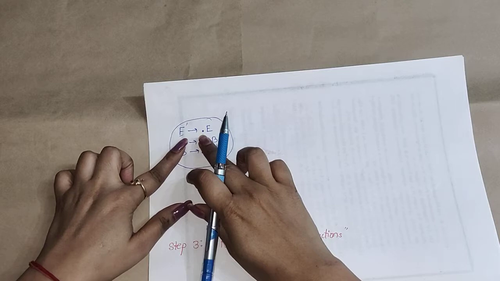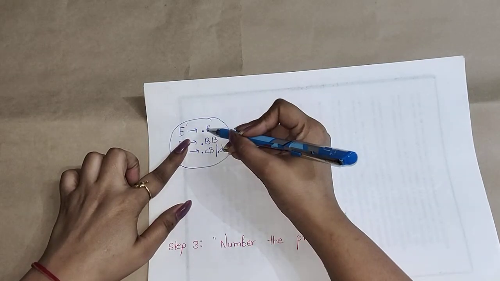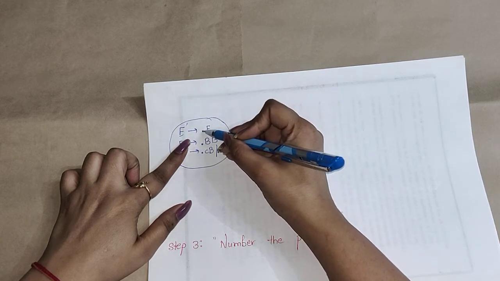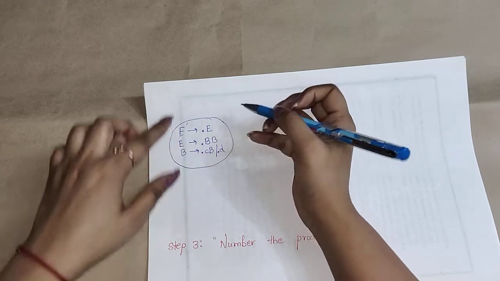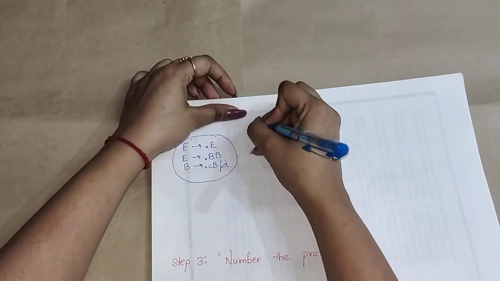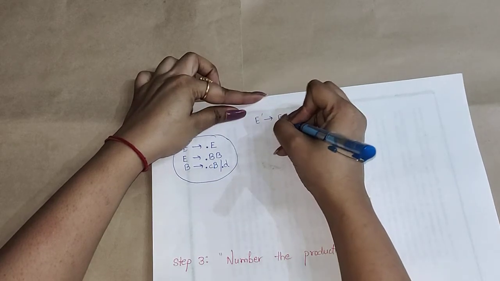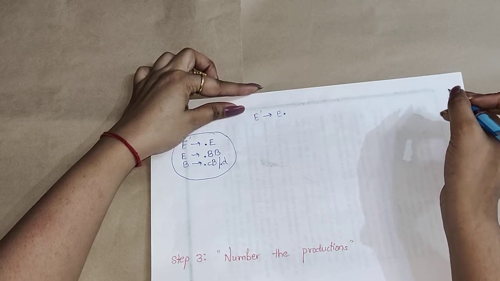Let's take the first production rule, E dash to E. What we have to do in this LR0 item, our aim would be to shift this dot towards the right side. Okay, so we'll write E dash to E dot. In the next step, this dot will be shifted to the right side.